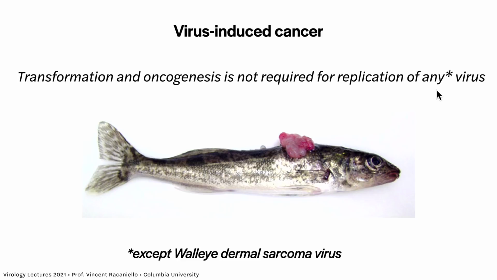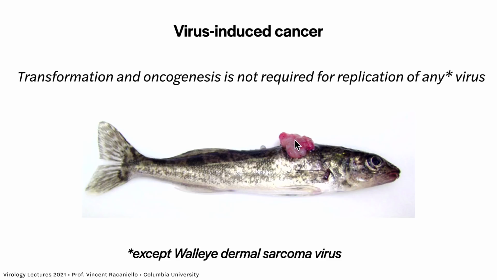Every year, I say in this course, transformation and oncogenesis are not required for the replication of any virus. And a number of years ago, I had to put an asterisk here because it turns out that there is one cancer of fish. This particular fish is a walleye. The virus that causes this cancer is called walleye dermal sarcoma virus.